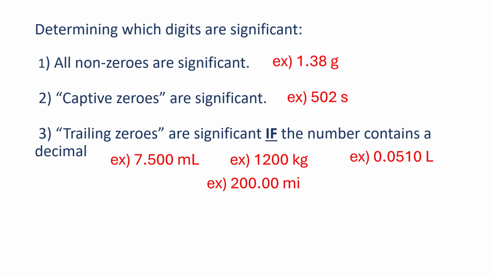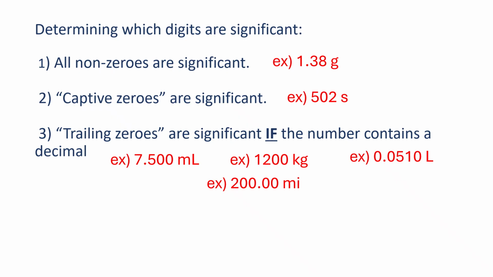All right, here's another one. This number has, of course, the 2 is significant, and then it has 4 trailing zeros. 2 are to the left of the decimal, 2 are to the right of the decimal. This can get a little confusing because we're thinking about the decimal and, are these all significant? And the answer is yes, because all 4 are trailing zeros, right?